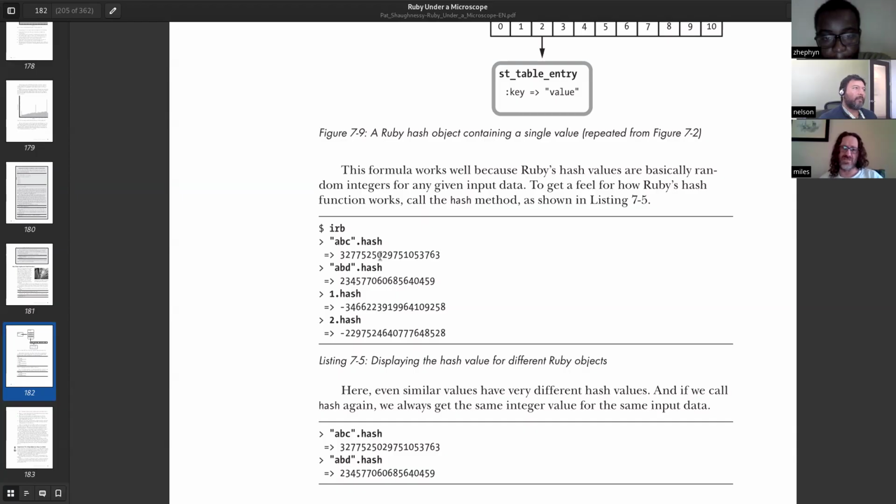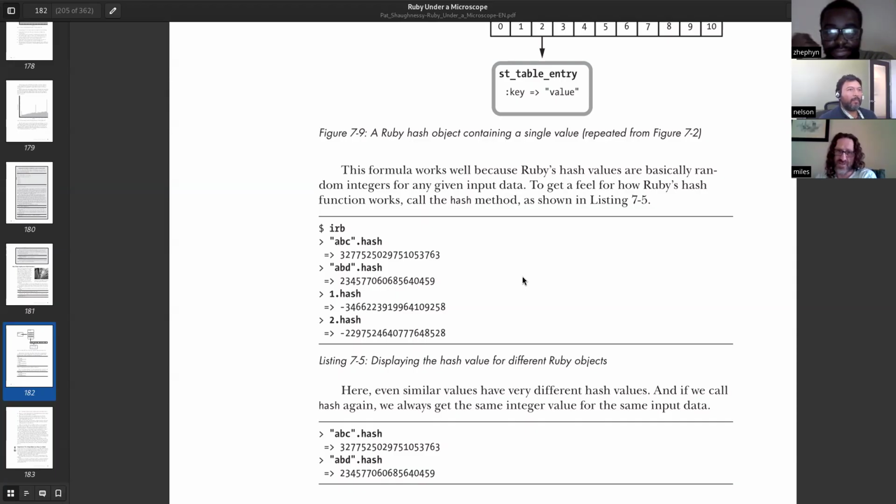The other reason is I'm pretty sure these numbers can change every time you start the Ruby runtime. I think he mentions that somewhere in the chapter. So you don't want to use these hash values as if they are identifiers. They're not something you can use to retrieve a value in some other process at a different time.